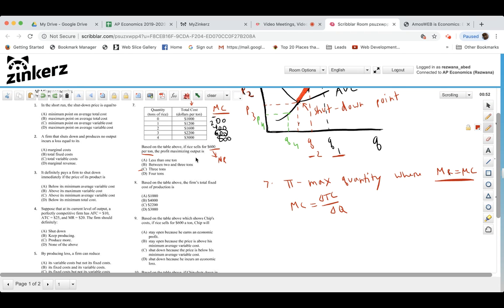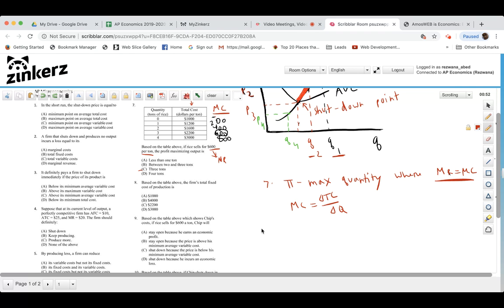Then you have to look at the answer choices to see what they're really asking, and then figure out what is missing, what is the missing piece of information that you need to find in order to get to the answer. Okay, so that is the process.